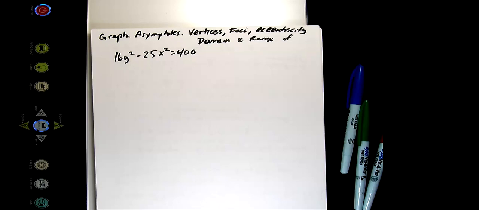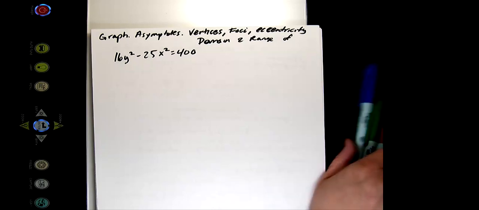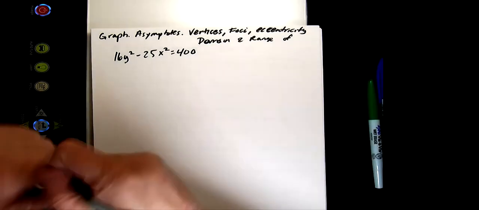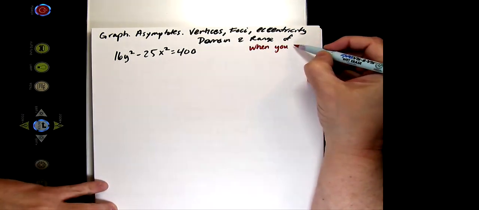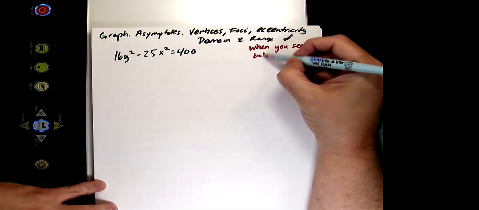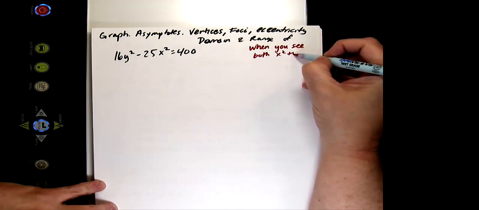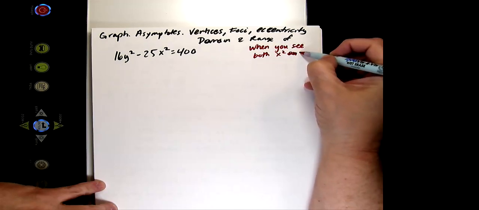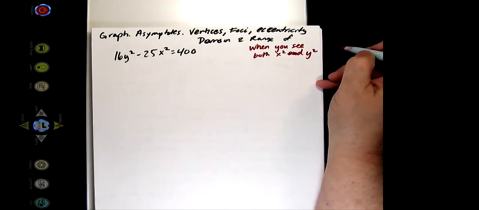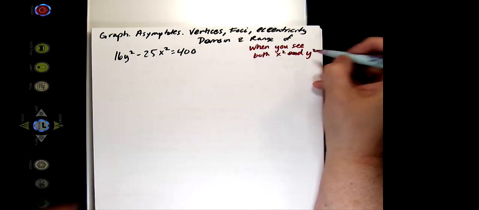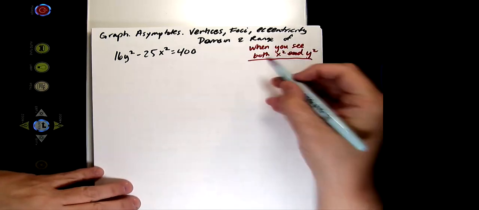Now you may well look at it and go, what do we do? So a pro tip: when you see both x squared and y squared, you have two options.